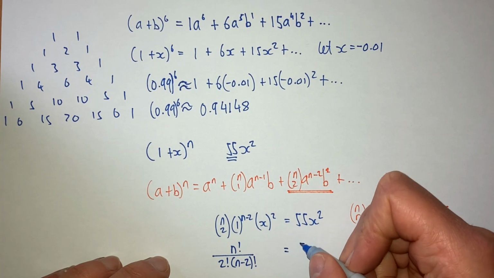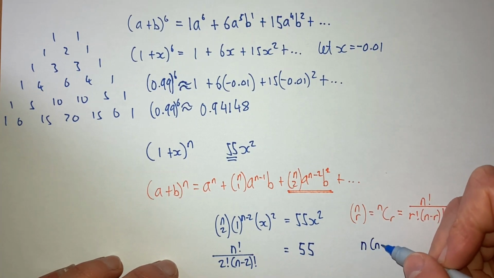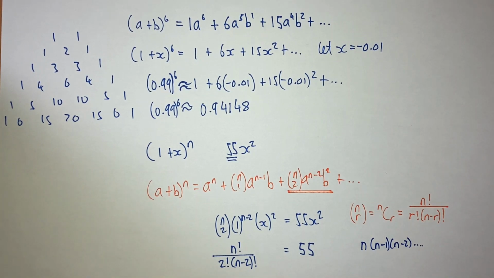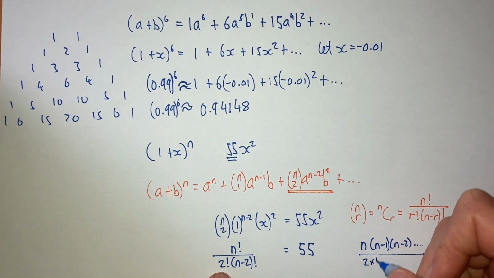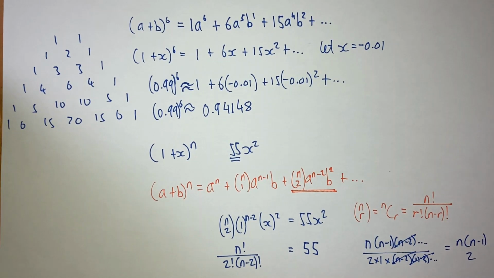So this is going to equal 55. Let's see if we can simplify this. This is n multiplied by (n minus 1) multiplied by (n minus 2) and so on. And on the bottom we have 2 multiplied by 1 multiplied by (n minus 2) multiplied by (n minus 3) and so on. So anything from n minus 2 onwards can be cancelled out. So we're just left with n times (n minus 1) all over 2.